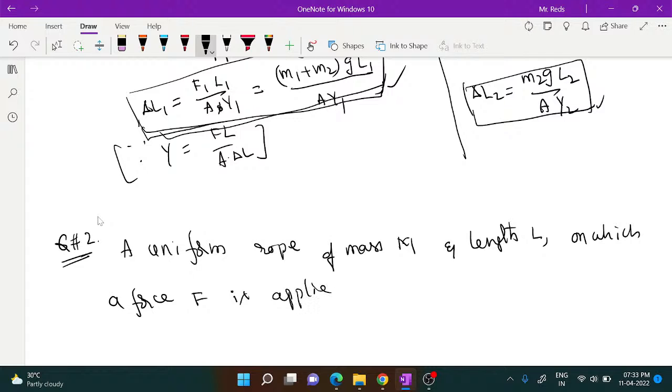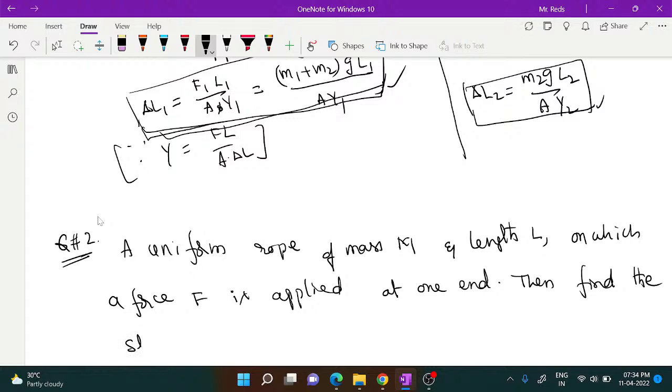The force F is applied at one end. Then find the stress in the rope.